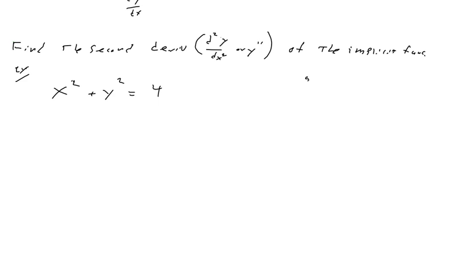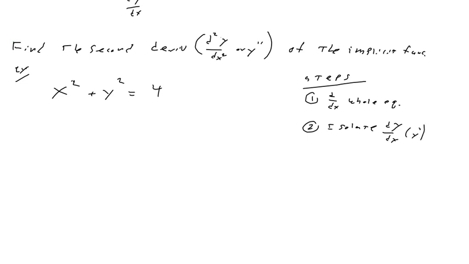And the first few steps are going to be the same. One, d dx everything, the whole equation. Two, we're going to isolate dy dx, which we're going to call y prime. And then three, we're going to do d dx again.